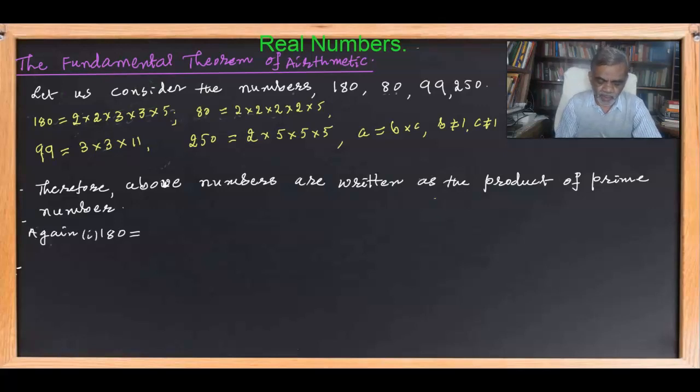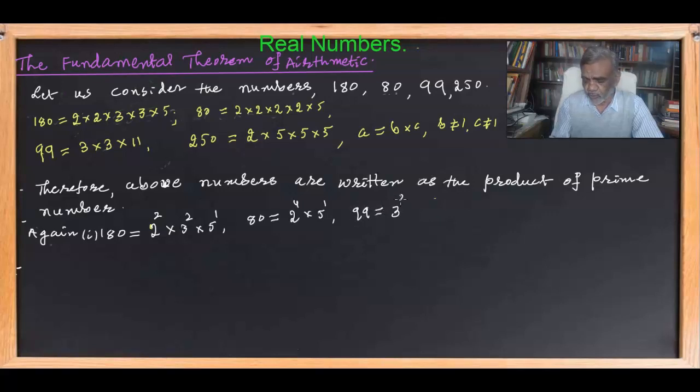Again, 180 is equal to 2 raised to 2 into 3 raised to 2 into 5 raised to 1. And 80 is equal to 2 raised to 4 into 5 raised to 1. And 99 is equal to 3 raised to 2 into 11.